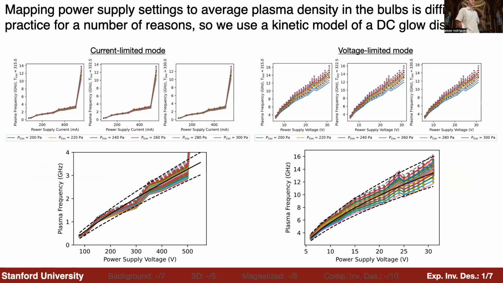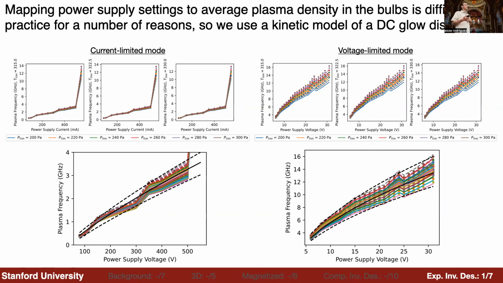The bulbs are AC discharges at on the order of 30 kilohertz or so. And they're at a density range where you can't use an optical diagnostic, for example. We can't stick a probe in them because they're sealed, and there's no way to make your way in there.